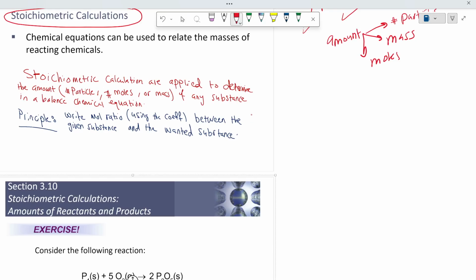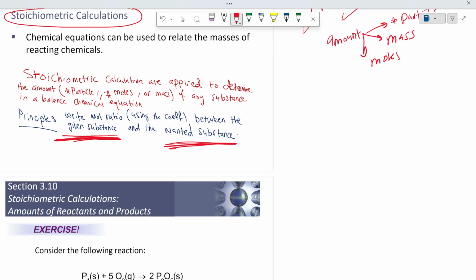The principle is: write the mole ratio using the coefficients between the given substance, the substance that I have information about its amount, and the wanted substance, the substance in the chemical equation that the question asks you to determine its amount. So simply, in every stoichiometric problem, when you read the question, you will find that at least one of the materials, in the reactant or the product side, is given.